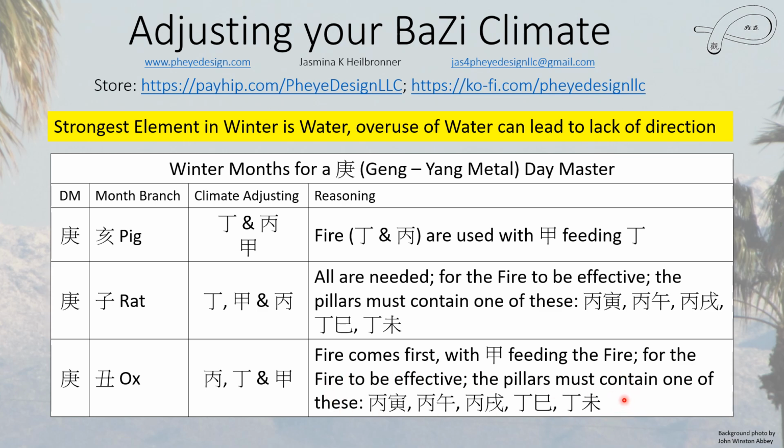If you have the fire in your chart, you need these same set of pillars to have the strongest effect from the fire. And if you have that effect, usually you have what you need. You have one of these pillars, you have the ability to have enough fire to be able to do well. That's what it means.